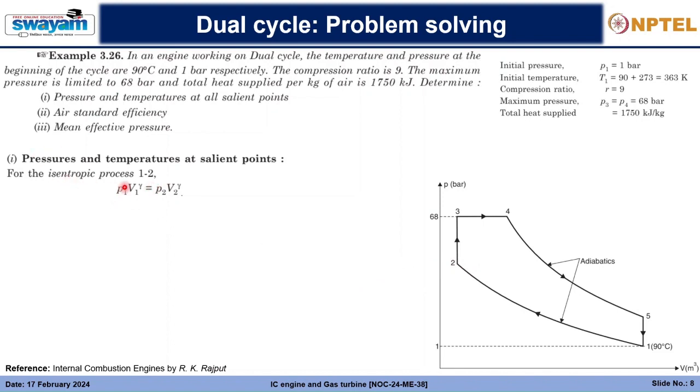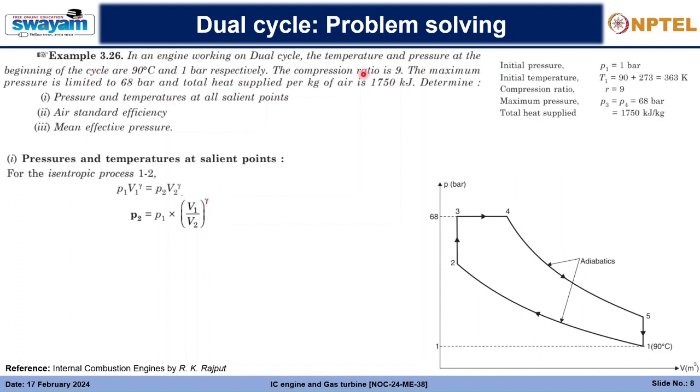Now, let us see. So 1 to 2 is the adiabatic or isentropic compression, and we have the thermodynamic relation as is here. Then from here we can directly find P2. So P1 we know, V1 by V2 is the compression ratio, given as 9, and we will directly plug in the value 9, and gamma.